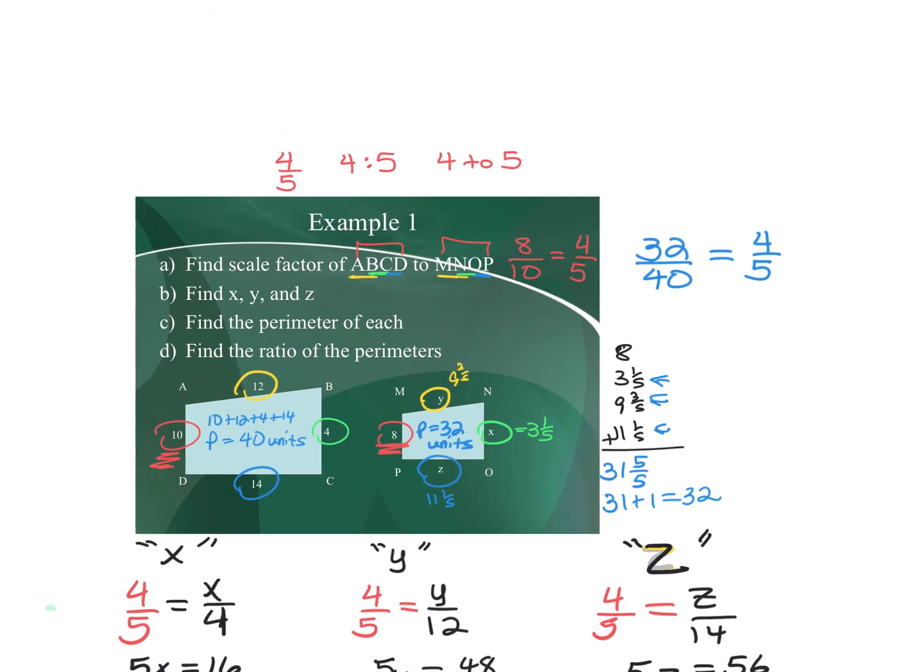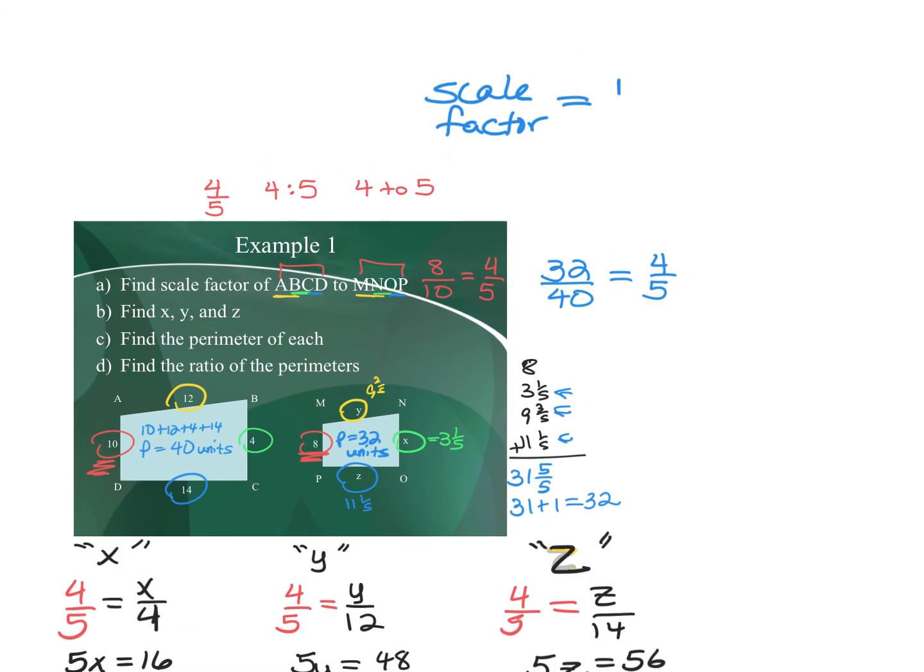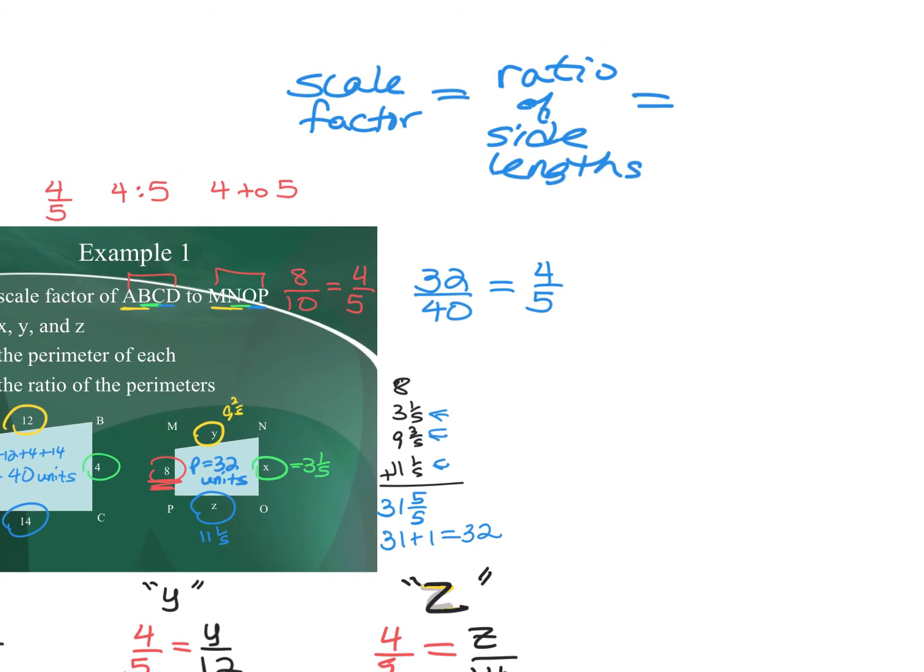So let me just say that. So the scale factor is the same as the ratio of the sides, which is also the same as the ratio of the perimeters. All three of these ratios are going to equal the same thing.